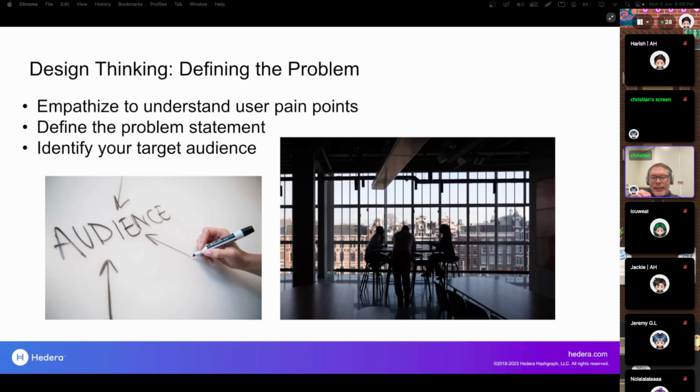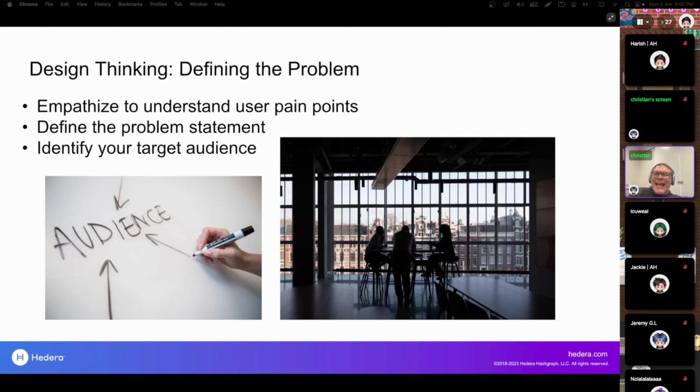So in order to come up with a really good challenge, something that's really going to be unique and increase your odds of winning the hackathon, you want to go where the pain is. So think about the pain points that a user is going to have as they interact with your application.